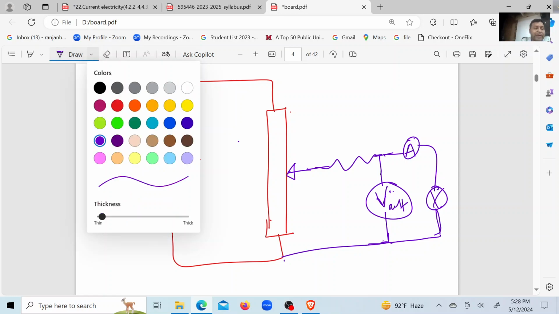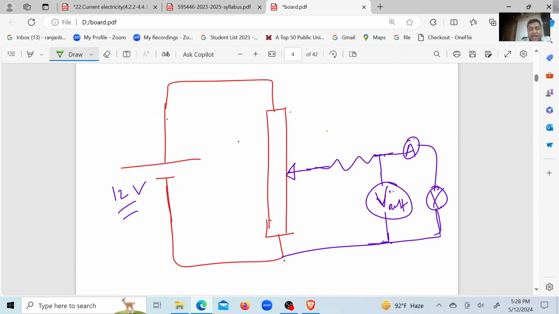If you keep this sliding contact exactly at the middle, logically this bigger resistor has been divided equally. So what will be the output voltage? You expect it to be 6 volt now, and for that 6 volt there will be a current. Clear? If you move the sliding contact down, then what will be?